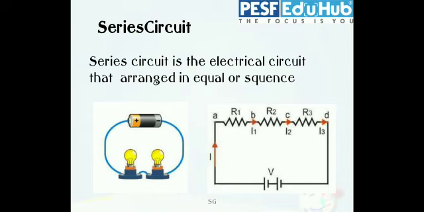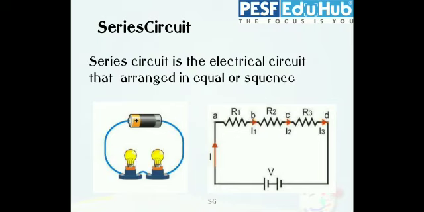Are you okay? Means that in the case of a series circuit, the current flowing through each resistance is the same, but the voltage across each resistance is different. Clear? It's a very important concept.